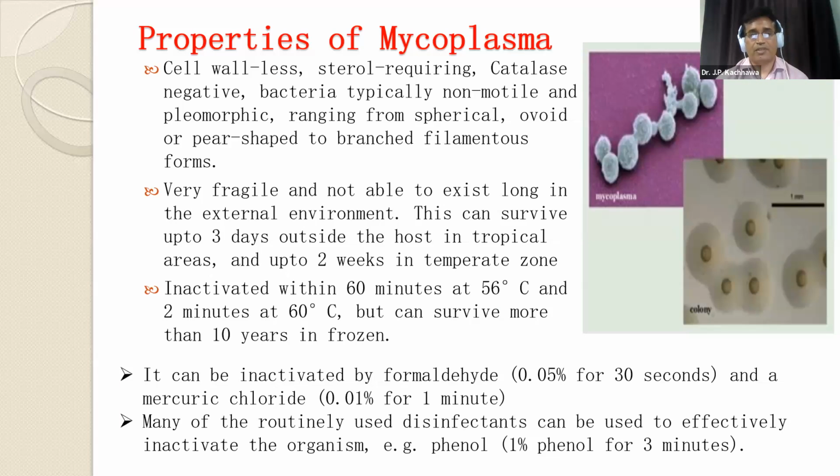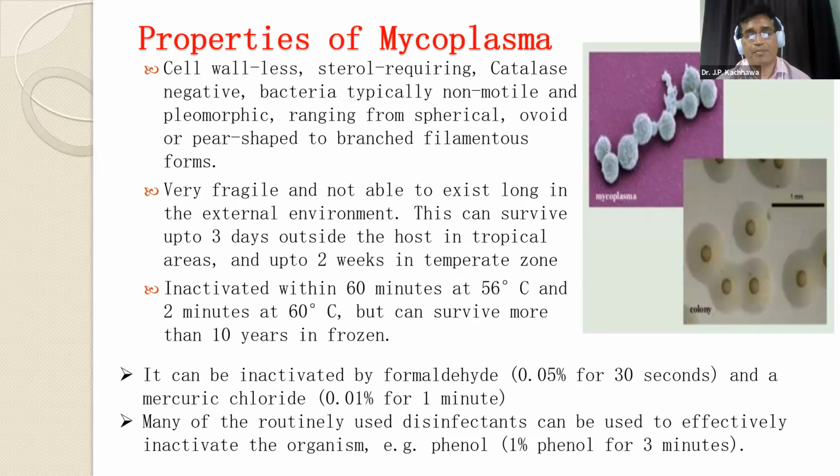This organism is very fragile and unstable in the external environment. It can survive up to 3 days in the tropical zones, and up to 2 weeks in the temperate zones. It can be destroyed in the environment at a temperature of 56 degrees centigrade for 60 minutes.